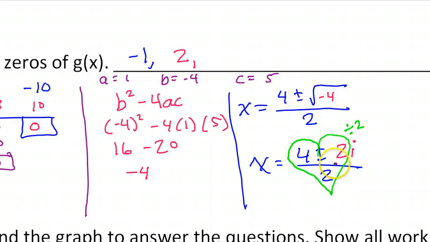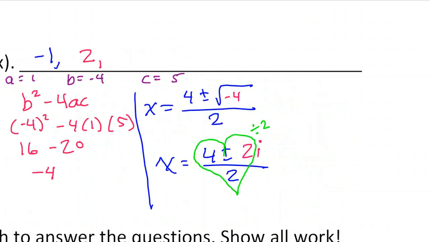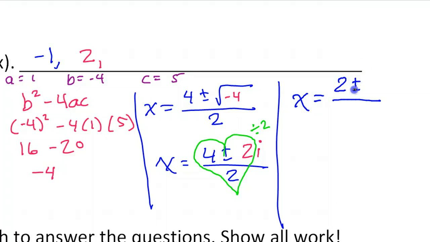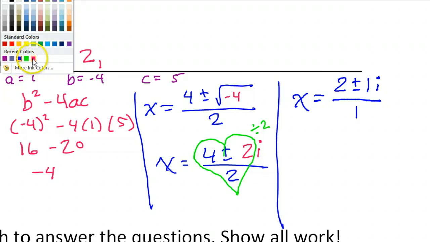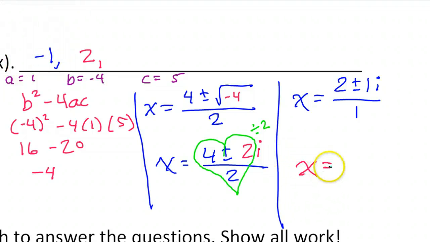It has to be all three or nothing. So we'll have 2 plus or minus 1i over 1. But we're not going to really write the 1s, those are superfluous. So we're going to put x equals 2 plus or minus i.